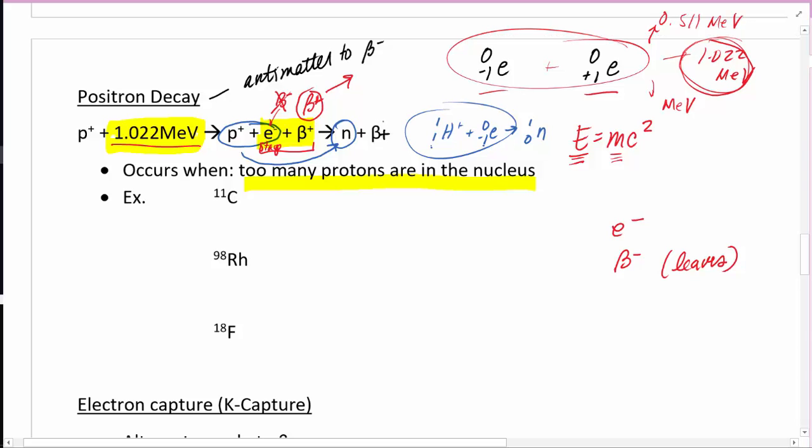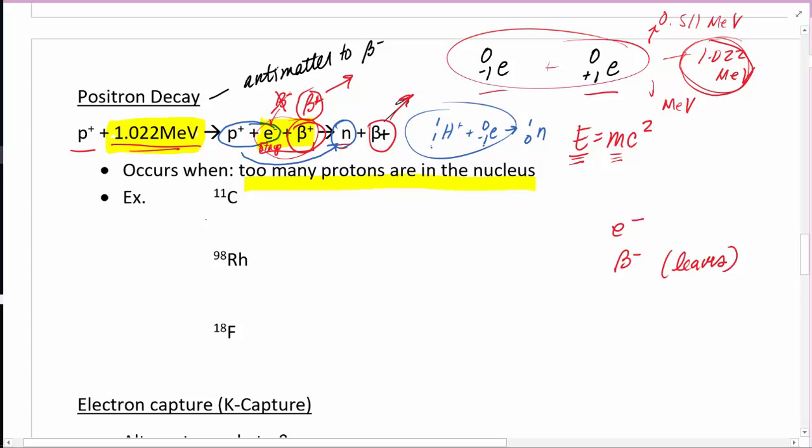So the beta positive leaves. The proton and electron become a neutron. What a mess. I am so sorry, but I'm not redoing the video because it's not worth it. So to review, proton plus energy creates two antimatter particles. The proton and the electron combine to form the neutron, and the beta positron is ejected. All right. Happens when there's too many protons in the nucleus.